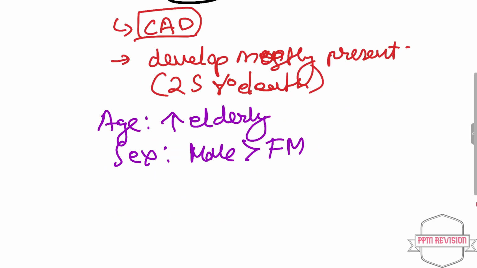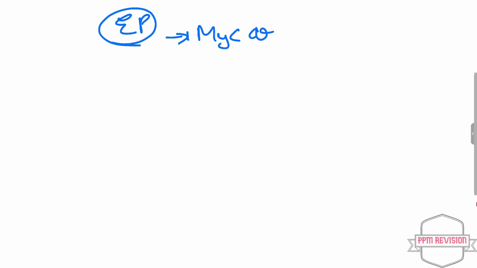Now moving on to etiopathogenesis, we can have myocardial ischemia, that is diminished coronary blood flow or increased myocardial demand, and also hypertrophy of the heart.